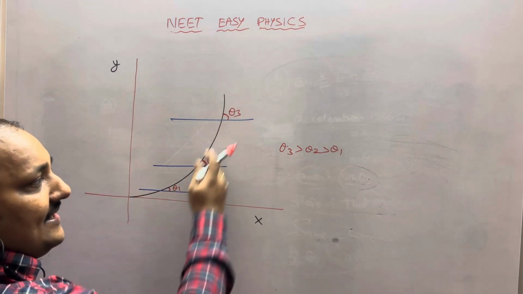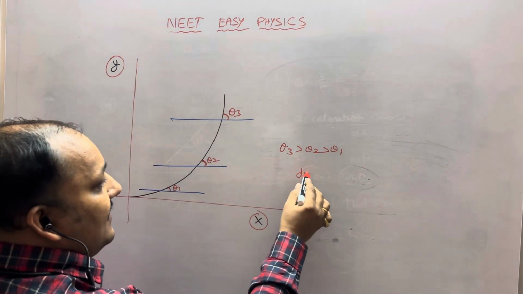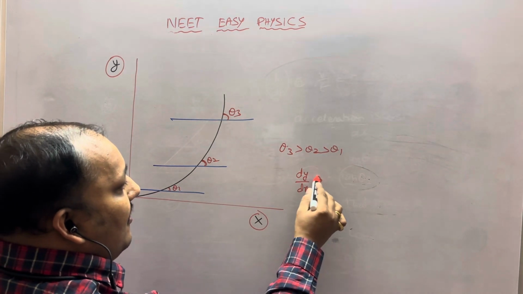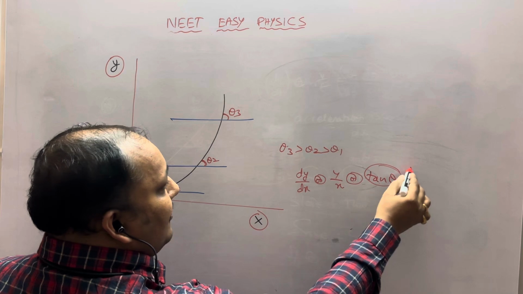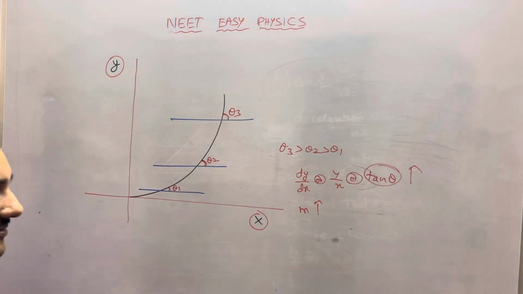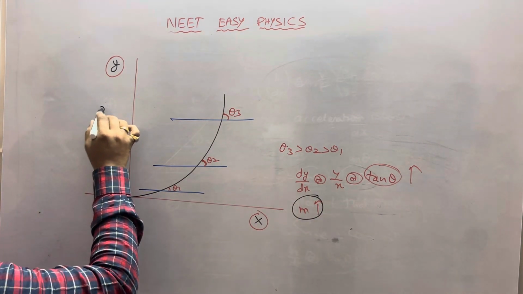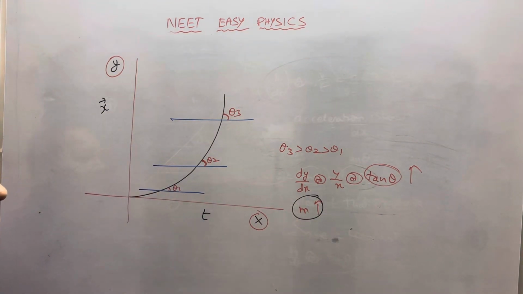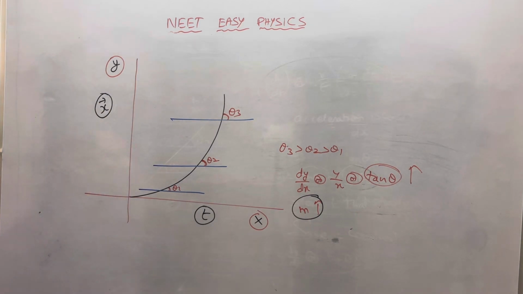Angles are increasing. So now what is the slope of this graph? dy by dx or y by x or tan theta is going to increase. So now slope is going to increase. Slope is increasing. Let us assume we are taking displacement time here, displacement on the y-axis, time on the x-axis.